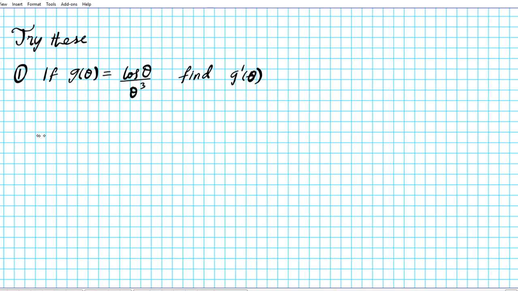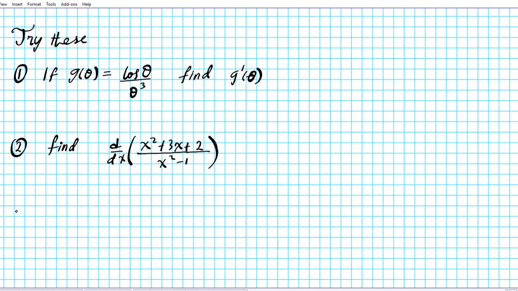Question 2, I'd like you to find the derivative with respect to x of x squared plus 3x plus 2 divided by x squared minus 1.